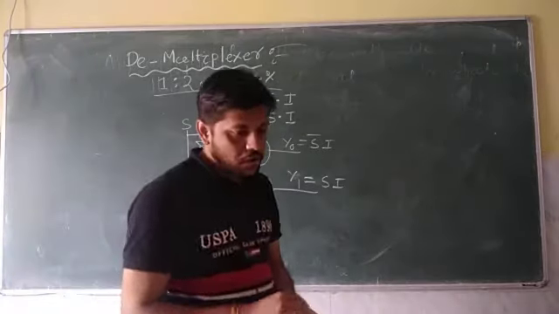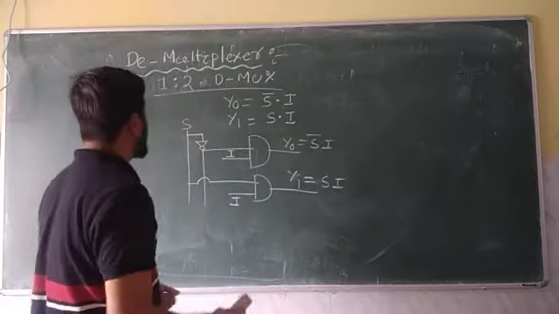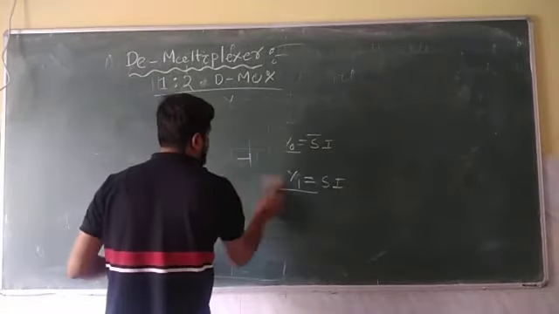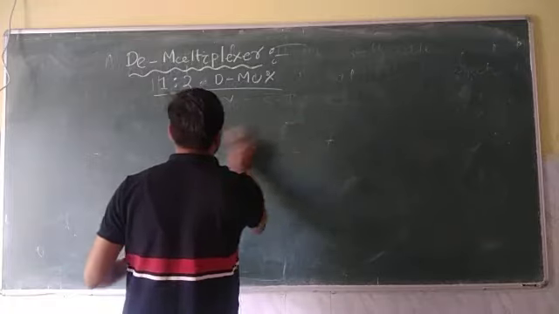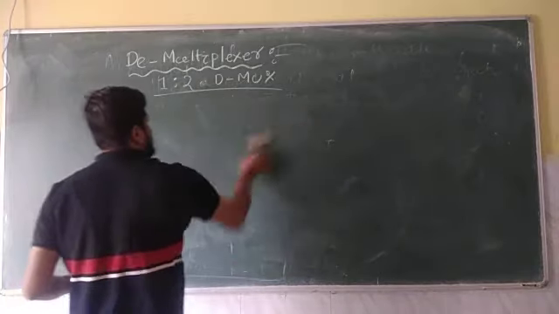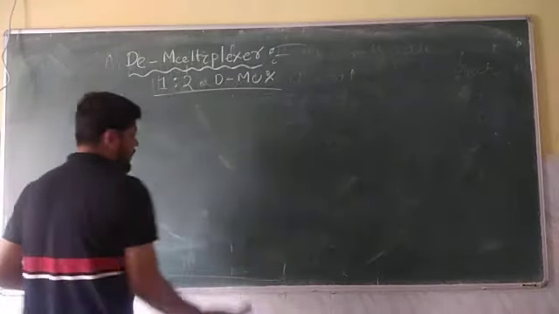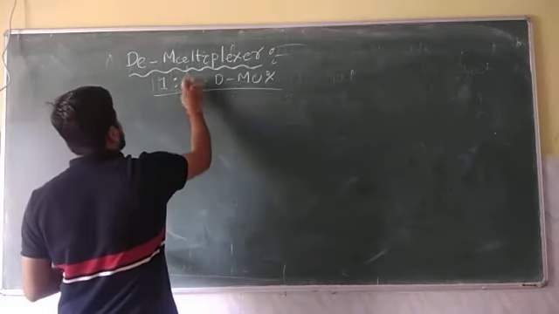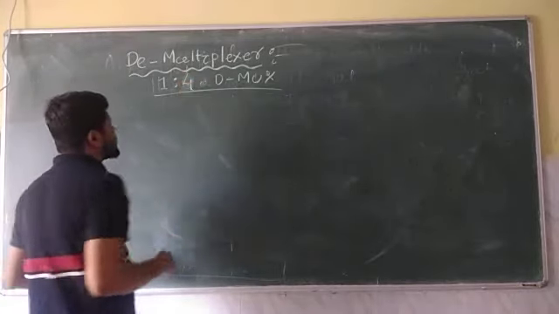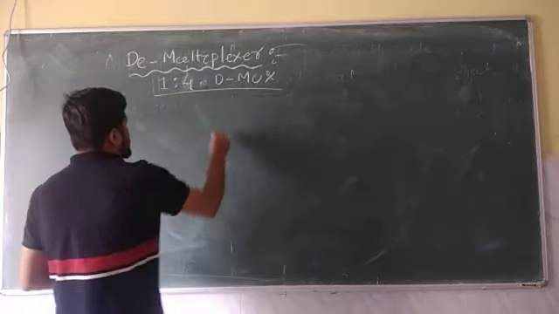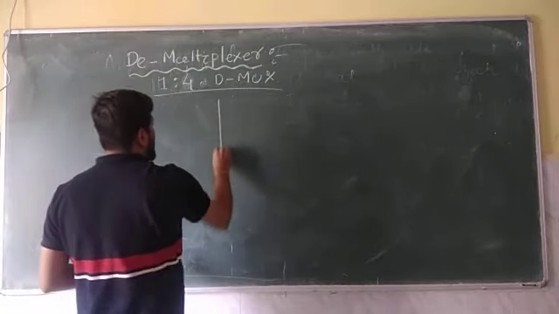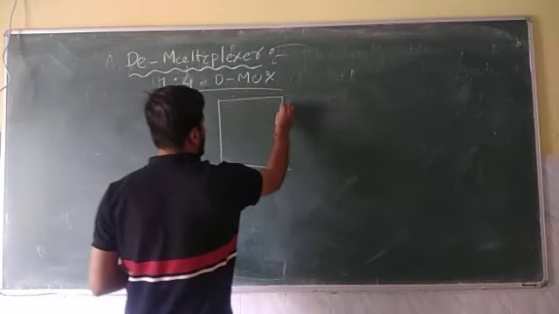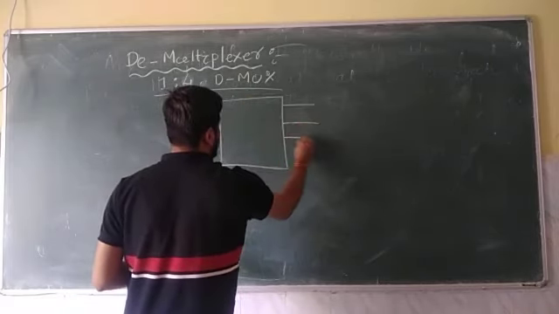Next we will see how to implement a 1:4 DMUX. As I have told, 1:4 DMUX means we need to create a box, and this box has 4 output lines.